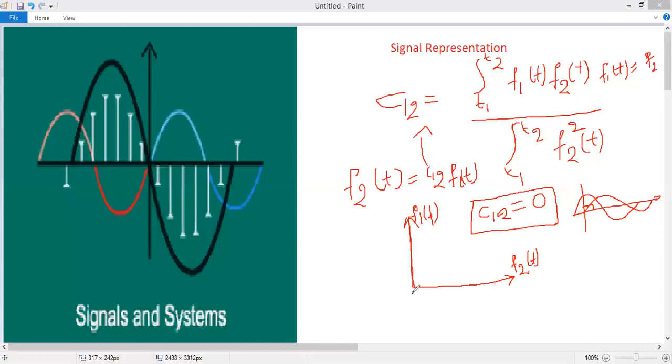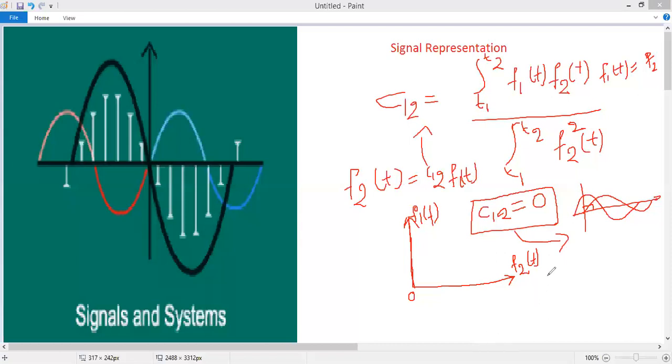We can't draw a shadow; we will draw it, but its value is 0. If C12 is 0, then we can say that these two signals are perpendicular, nothing but orthogonal. In such a case, the condition for orthogonality is that the correlation coefficient C12 is 0.